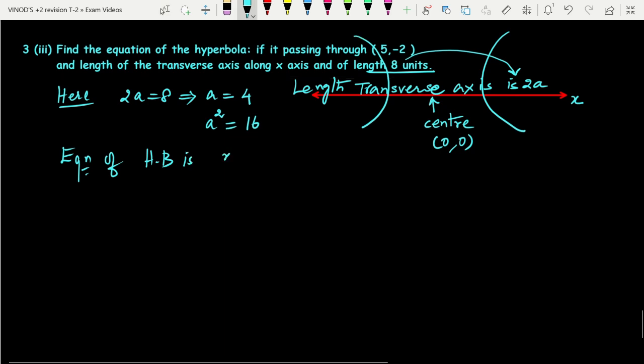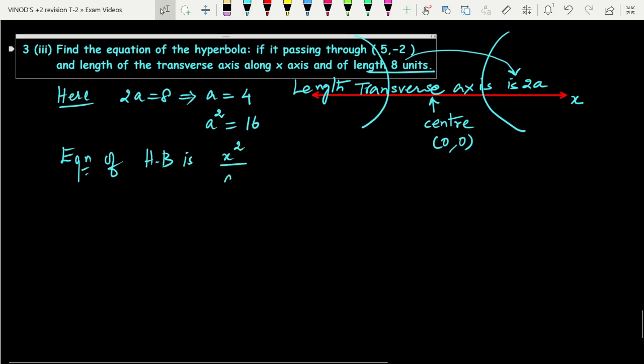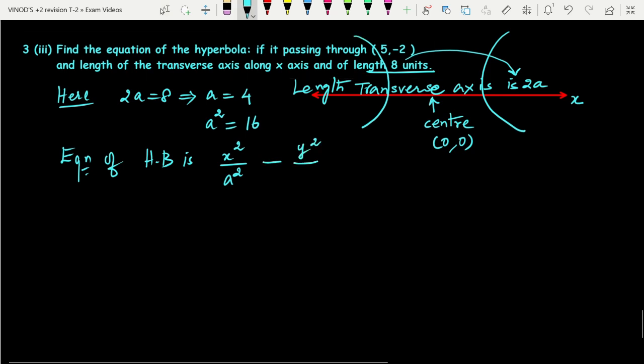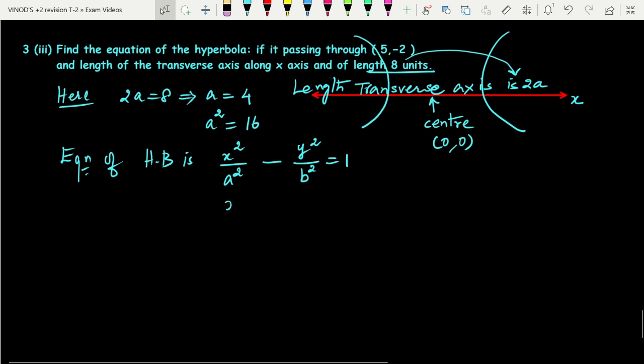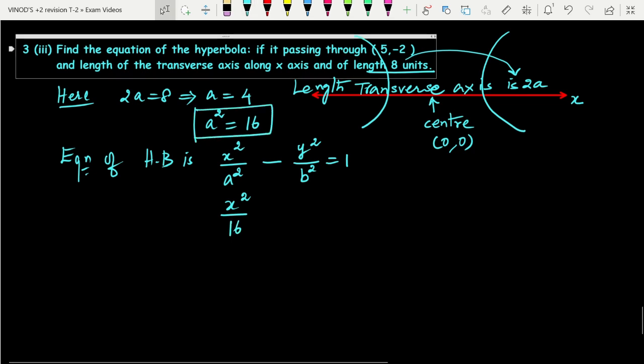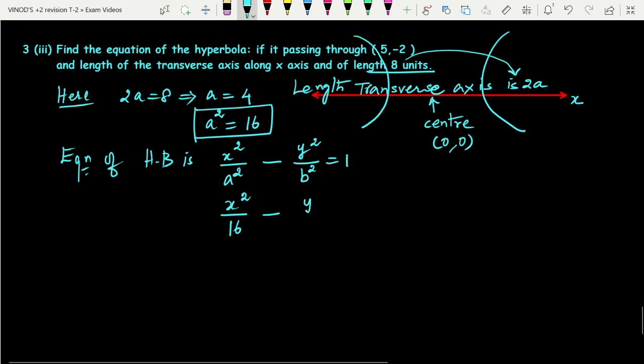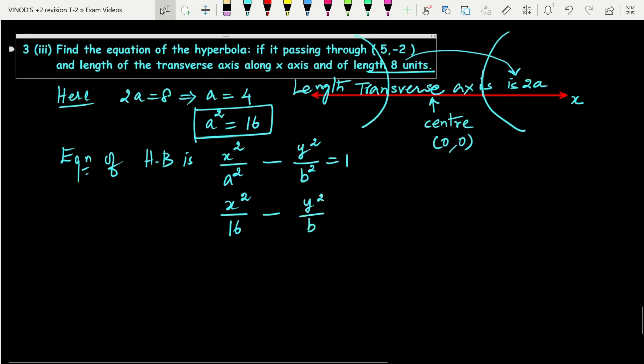Equation of regular hyperbola is x square by a square minus y square by b square is equal to 1. Now what is your a square value? A square value is 16. So substituting that, x square by 16 minus y square by b square is equal to 1.